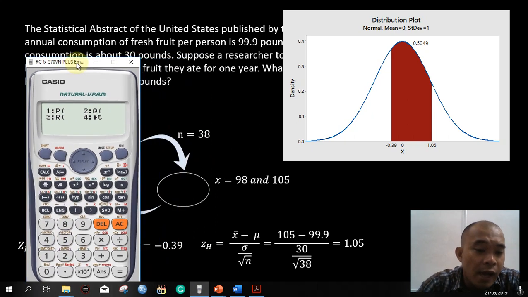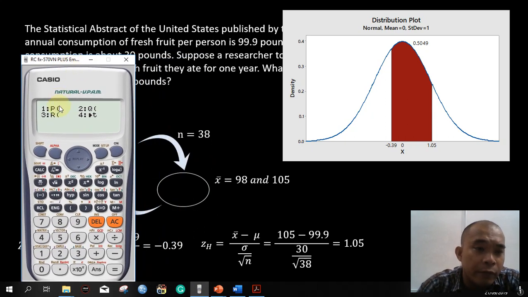Last time we discussed that if we're going to solve for the value of the left side, we use the p, and for the right side, the r. How about if it is in the center? This is very easy. You just use the p formula, but we have to do p of z high minus p of z low.